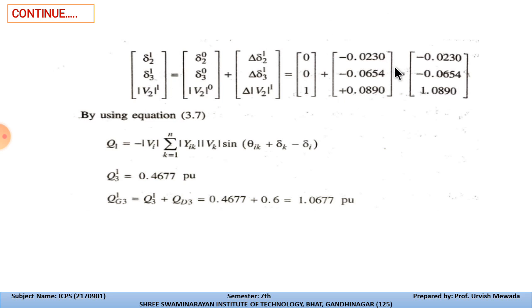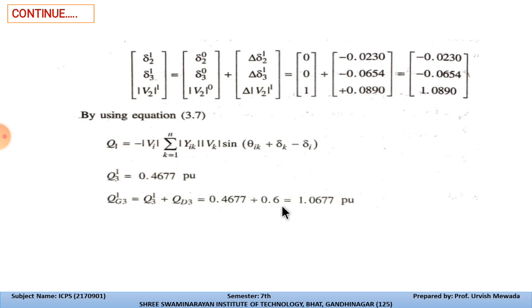And after putting these values by using equation number 3.7, so Qi is equal to minus |Vi| sigma k equal to 1 to n |Yik||Vk| sin(theta ik + delta k - delta i). So Q3 dash will become 0.4677 pu. So after putting these values, we have the value of Q3 dash, and QG3 dash is equal to Q3 dash plus QD3.